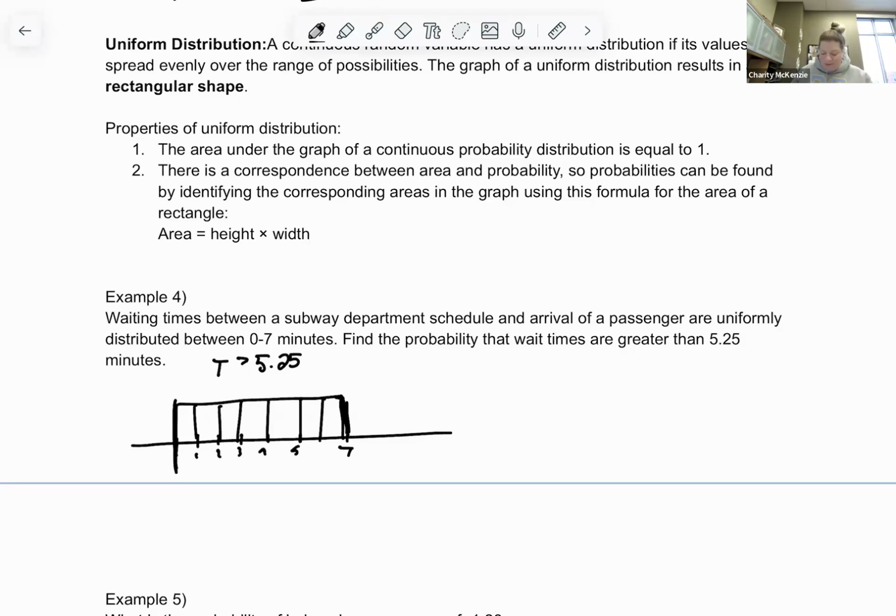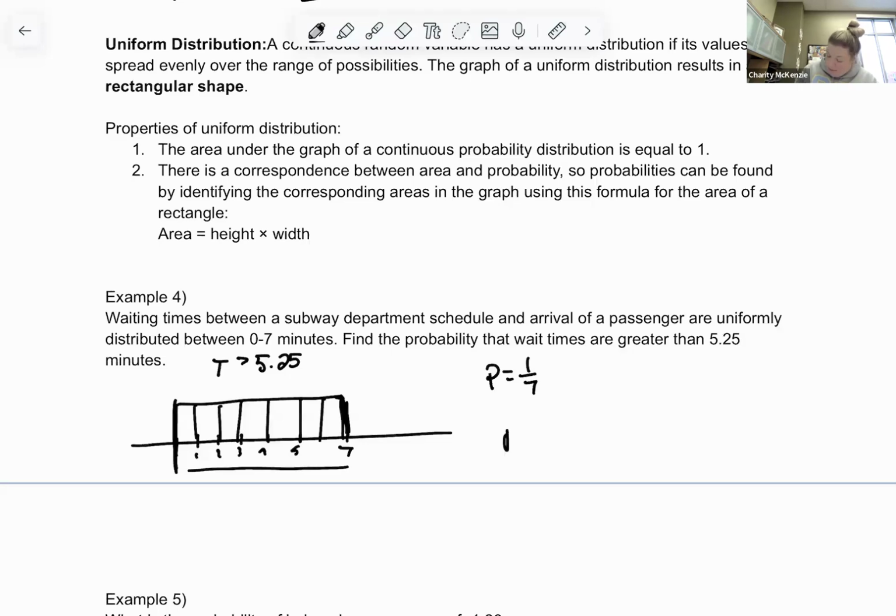We know it's a 1/7 distribution on every single section because there's 7 total, and each section is going to be 1/7. You don't usually have to draw the little lines in there. I just think it's helpful to think of it that way. So the way that I can do this is I can see 7 of them go all the way across.